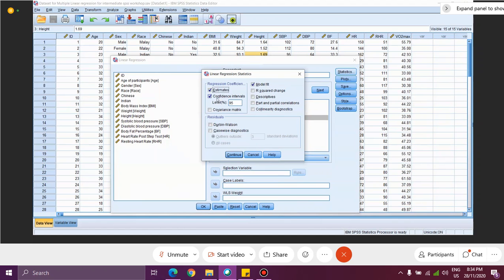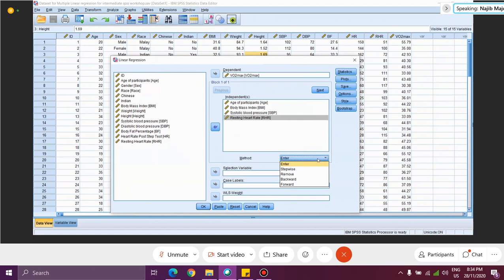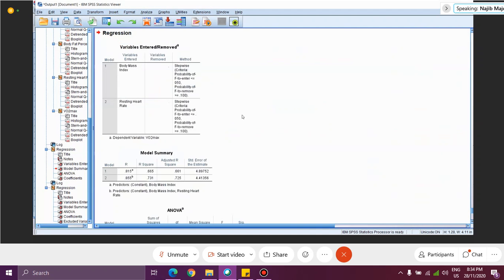Again, under statistics, I ask for 95% confidence interval. To determine the method, we need to select this one, method, either stepwise, forward or backward, right? So we begin with the stepwise method, then click OK.